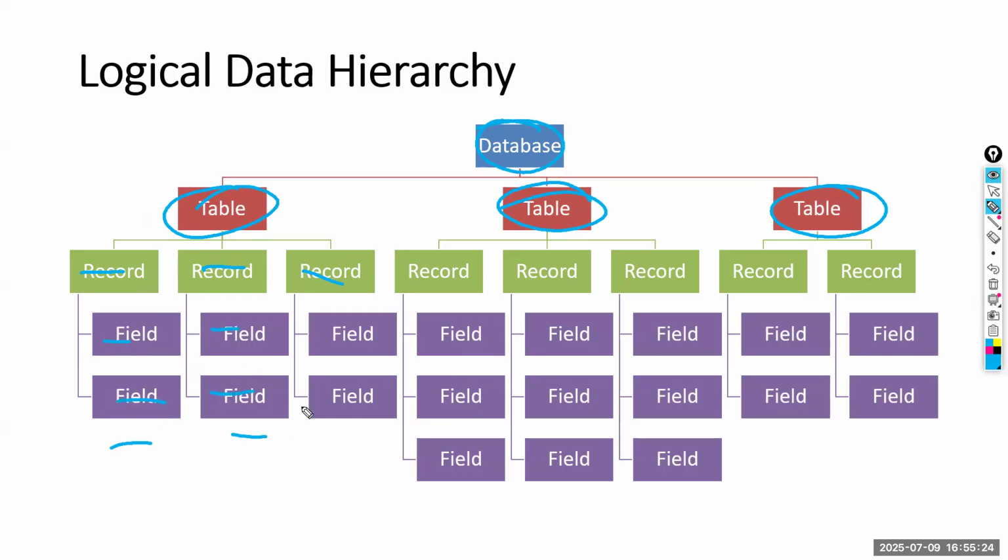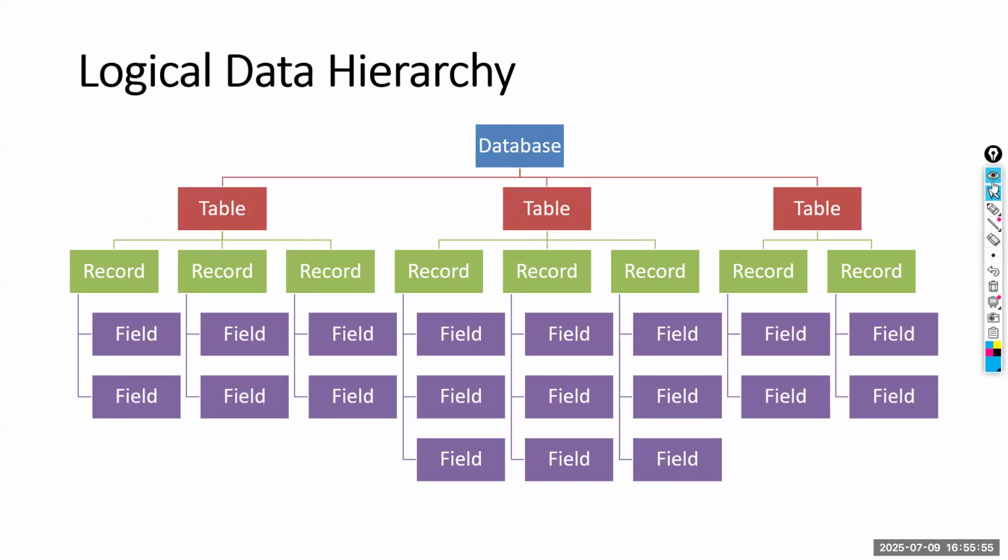So your employee table has employee records, the department table has department records, the payment table has payment records, and each payment record has a set of fields. When we collect these related tables together, we have the database. That is called the logical hierarchy, because this is how we look at it as developers and designers. Actually, this is the most important for us.